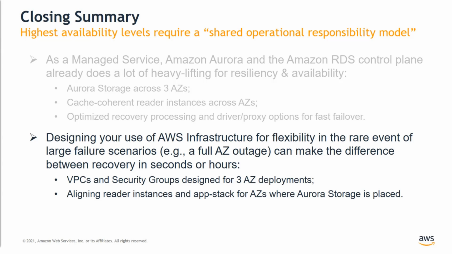We've talked a little bit about aligning your reader instances and the app stack for the availability zones where your Aurora storage has been placed. So think about these in advance, and together, all of these can contribute to super high levels of availability for your applications.